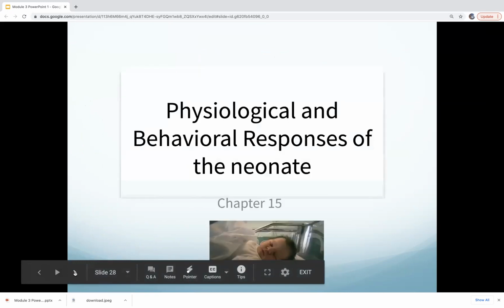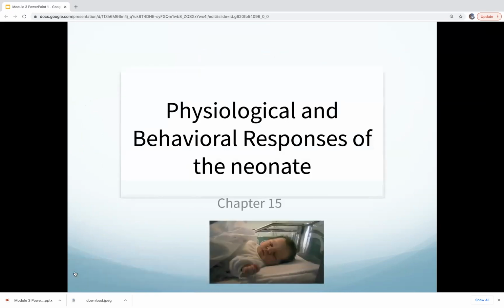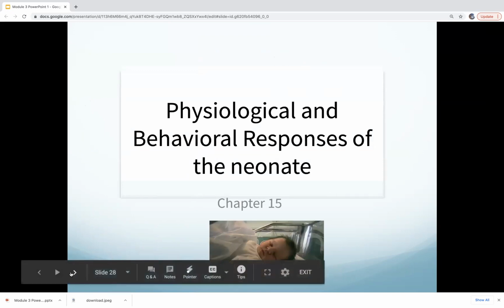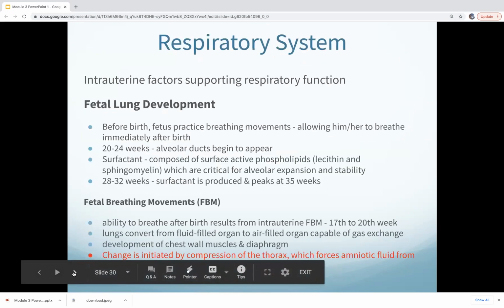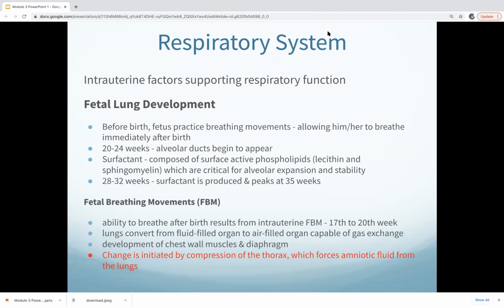All right, now we're going to talk about chapter 15, physiological and behavioral responses of the neonate. So we're going to talk about the changes that are occurring throughout all the systems. All right, so let's start with the respiratory system. So major changes are occurring from the time the baby is intrauterine to extrauterine.